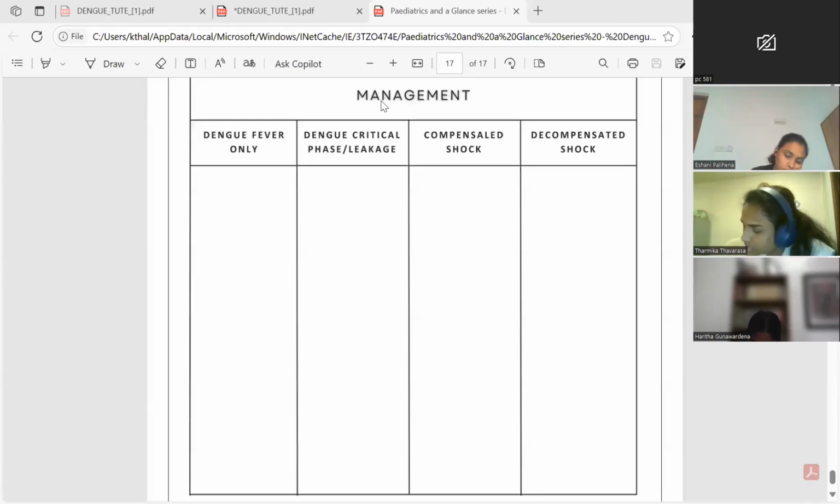Excuse me, sir. In the case of a bleeding child, the PCV is expected to drop. But in the case the child is simultaneously bleeding as well as leaking, the PCV will be constant. So what is the most sensitive marker in that case to identify bleeding? It's very difficult. If the bleeding is there, anyway, hemoglobin will drop, or you will see the evidence of bleeding, like there will be melena.